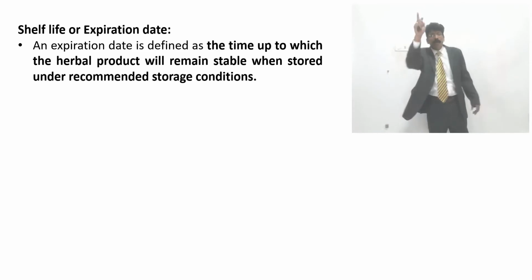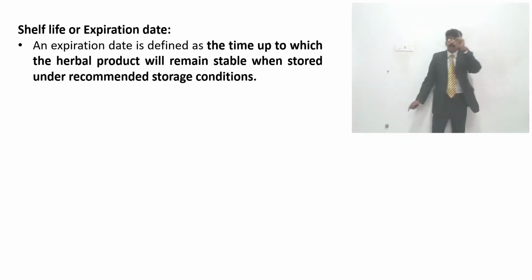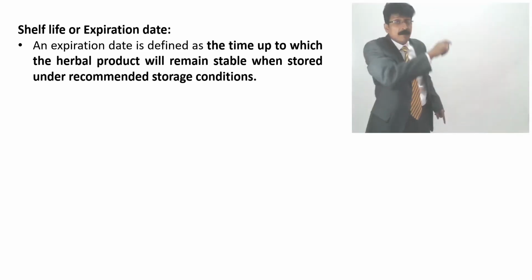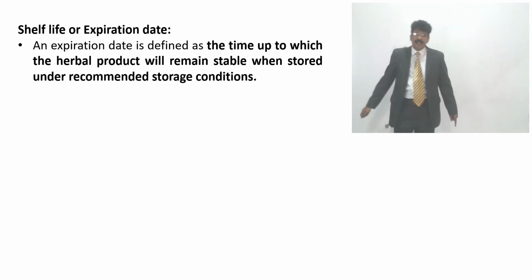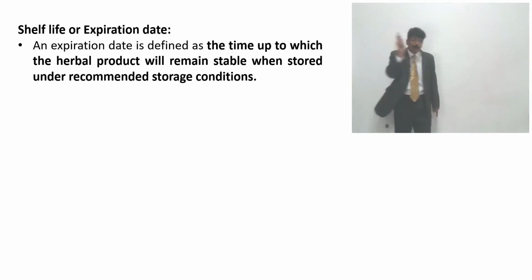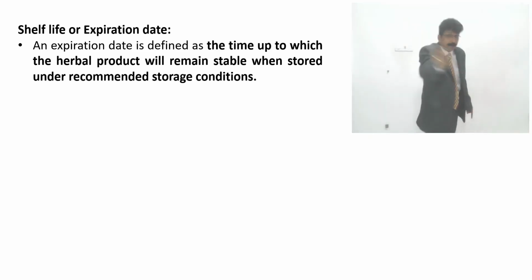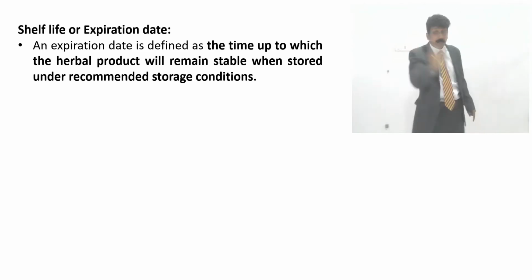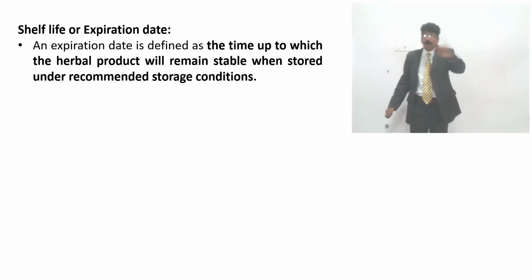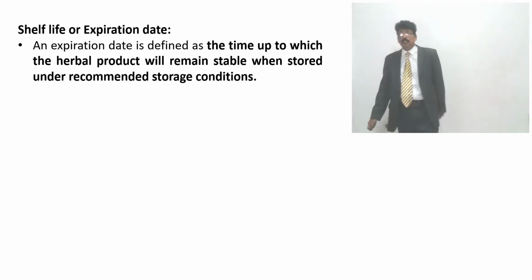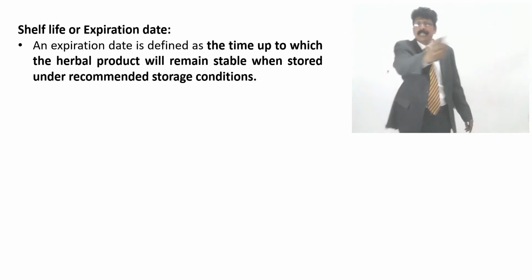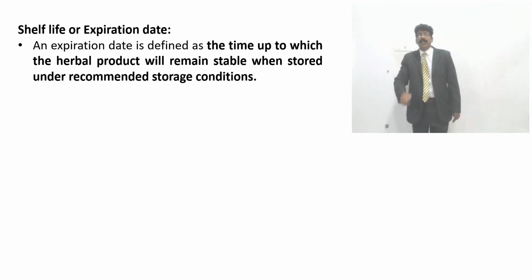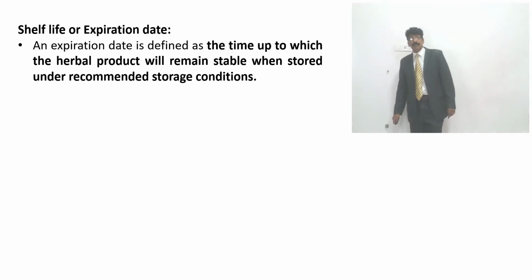What do you mean by recommended storage condition? The manufacturer will give the recommended storage condition: the humidity, the temperature, whether it should be refrigerated or frozen, whether it should be kept in a dark place, or away from light. All these instructions should be given by the manufacturer after a particular study on the stability of the product they have manufactured.